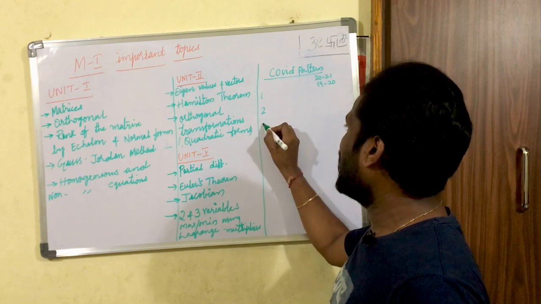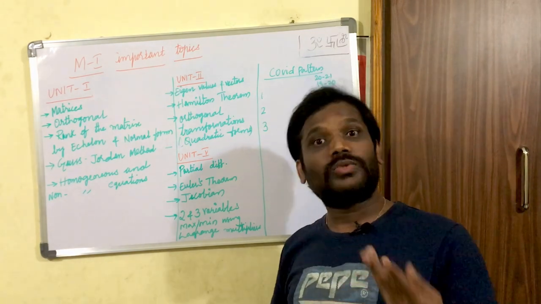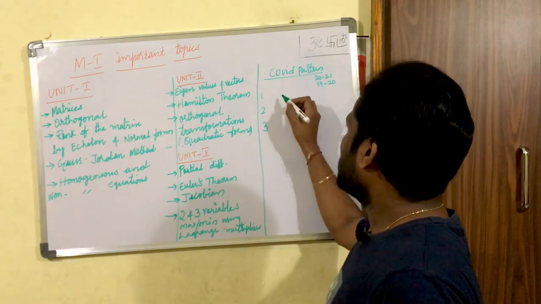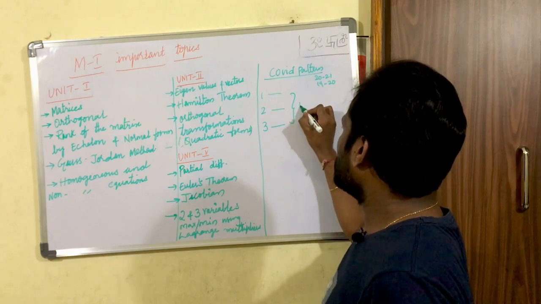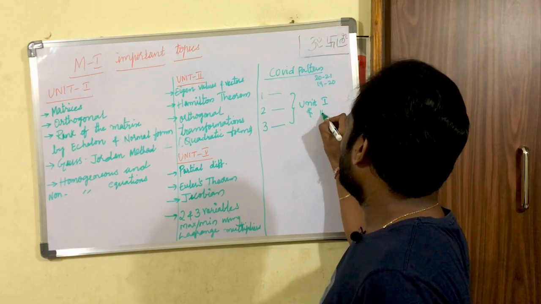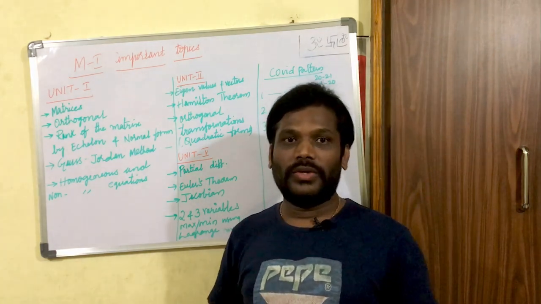As I told in the earlier video, questions 1, 2, 3, 4 are from Unit 1 and 2, but in some cases they cover 1, 2, 3. The first 3 questions may be from Unit 1 as well as Unit 2.